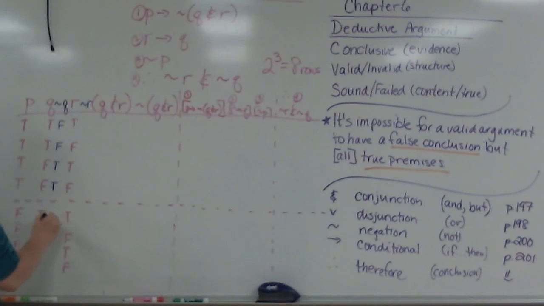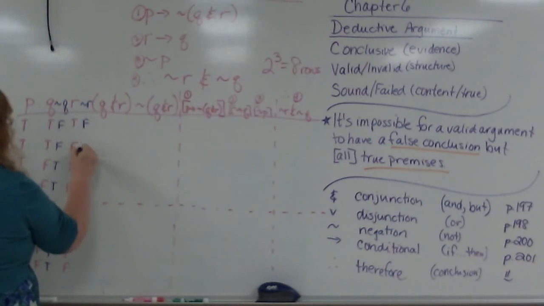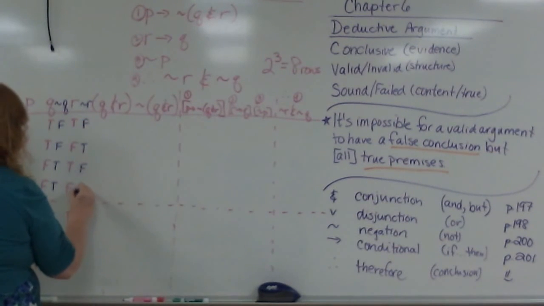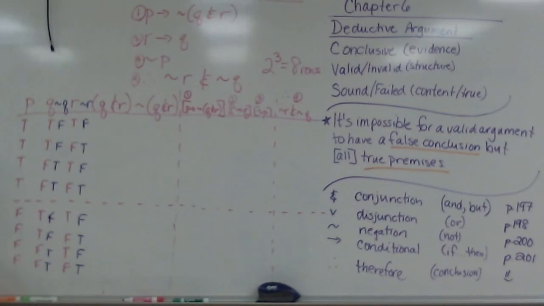True, true. False, false, true, true. Okay? Now, my not R has the same problem. Every time my R is true, my not R is going to be false. Okay? So we're just going to do this one as opposite day too. False, true, false, true, false, true, false, true. Okay? That's the easy part.